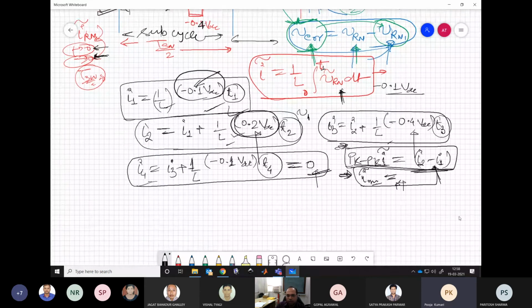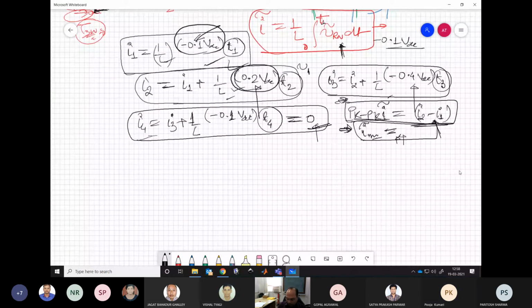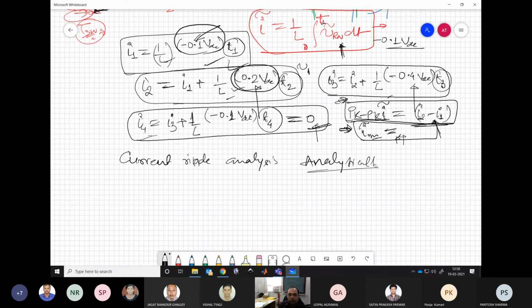So this is one very strong tool for doing the current ripple analysis analytically. You are finding the expressions for current ripple in different regions of the waveform on an analytical basis, and you can compare with the waveform you captured practically, whether this is matching or not.